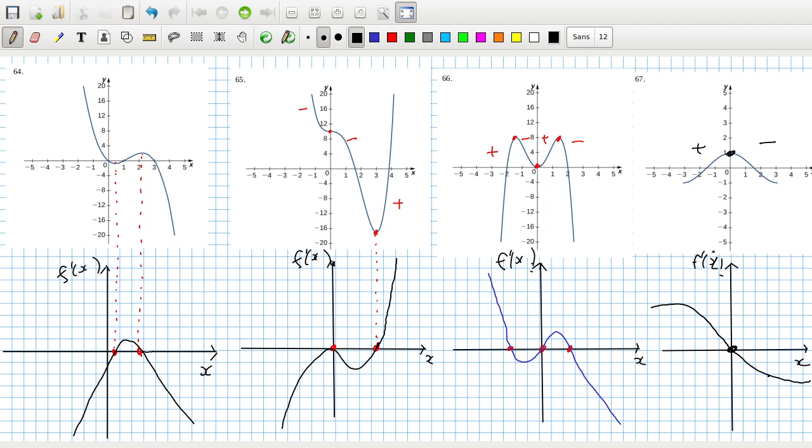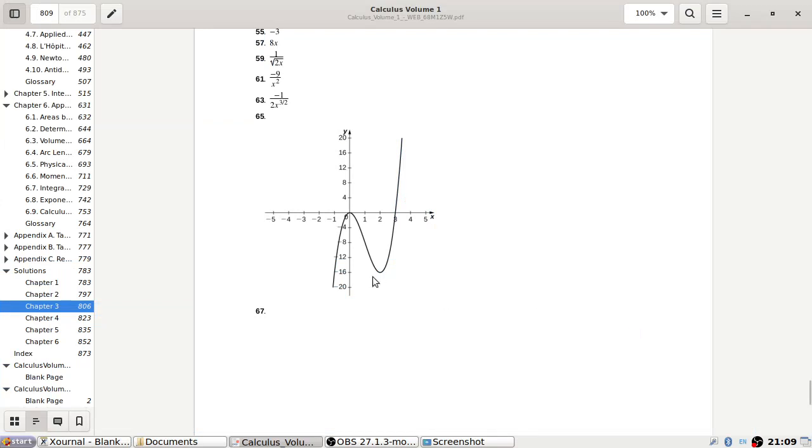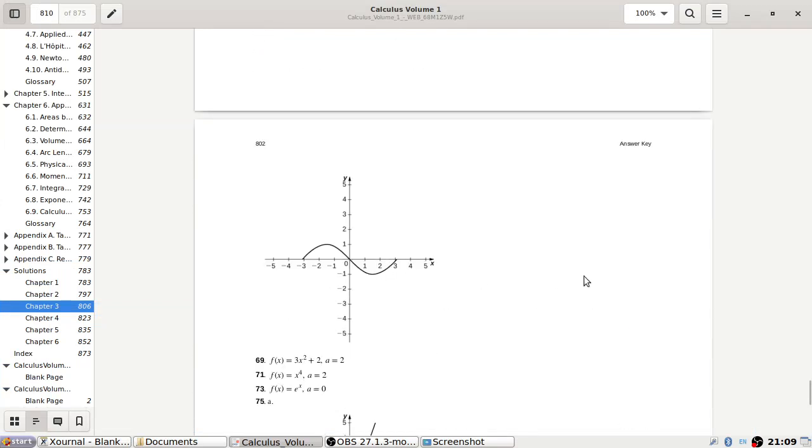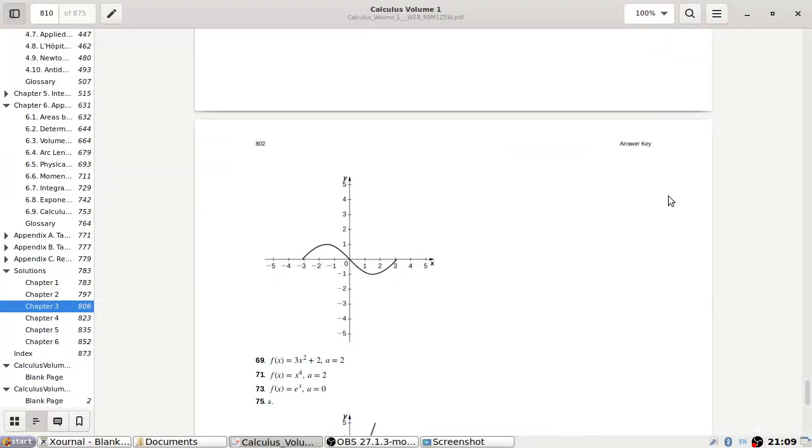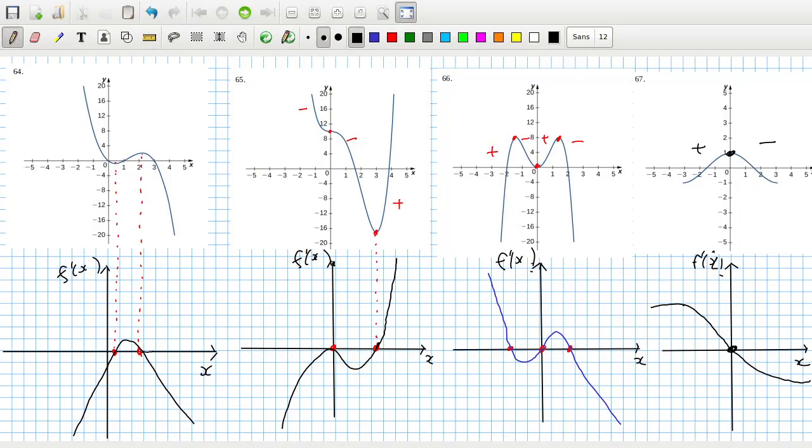Let's see how good or bad that is. I guess it is 0 here then, yeah. Oh yeah, sorry, I screwed that up. Yeah, that is 0. Okay, so positive, negative. Okay, it's a cubic.